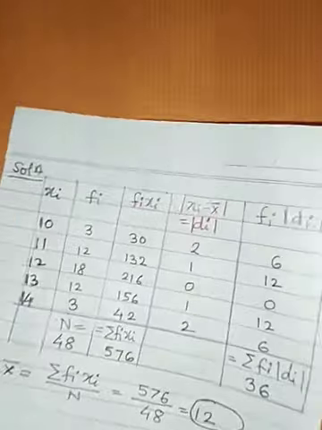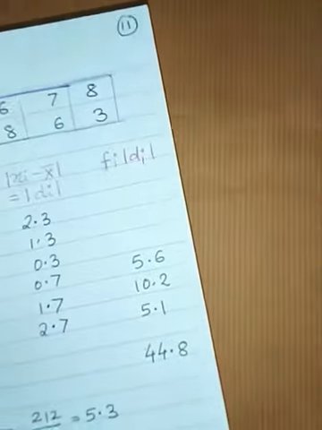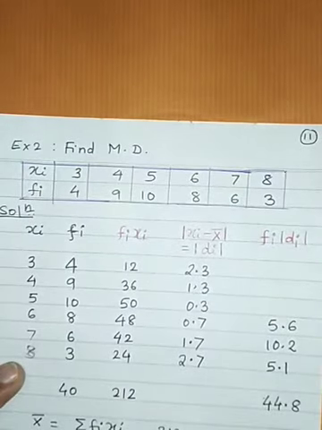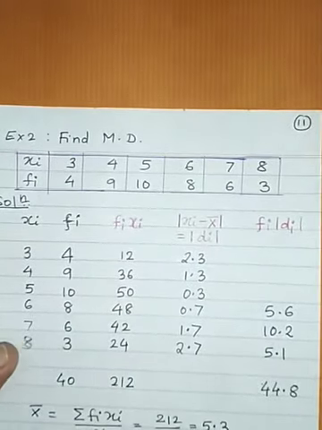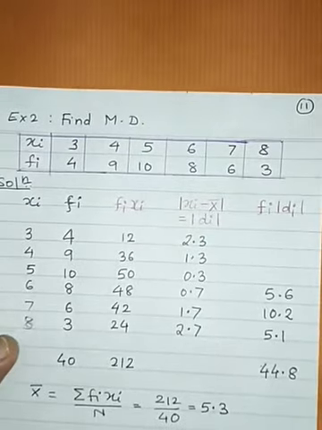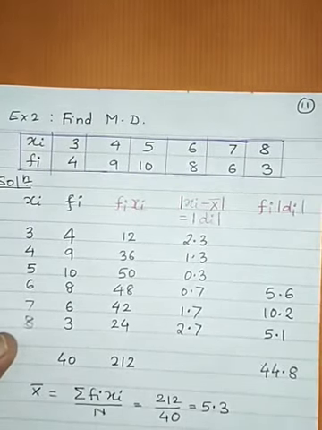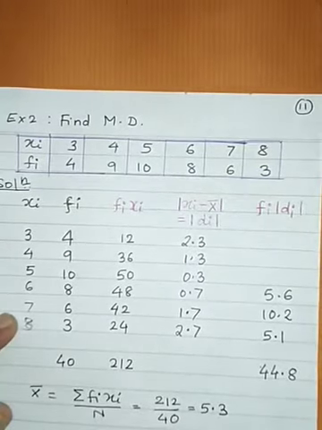So let's take another example. Again, this is a discrete example. xi is given 3, 4, 5, 6, 7, 8. fi's are given.